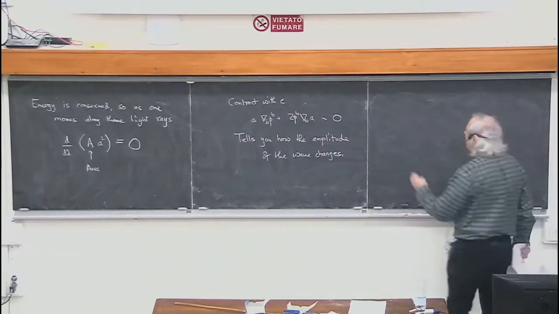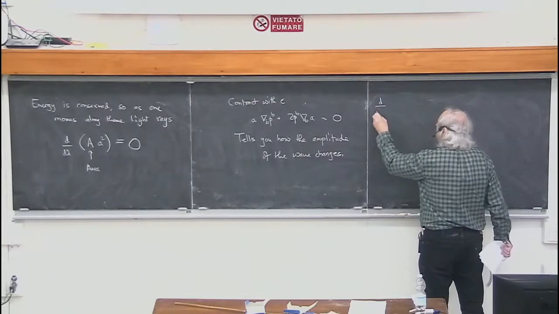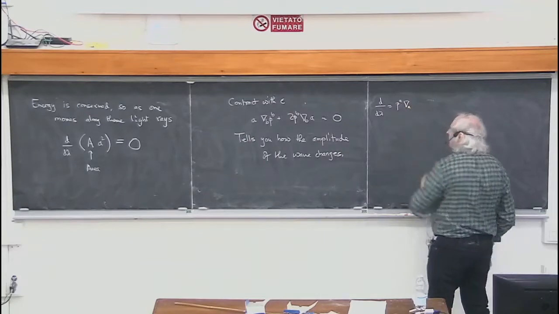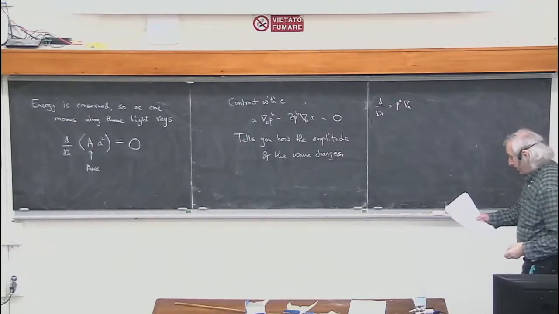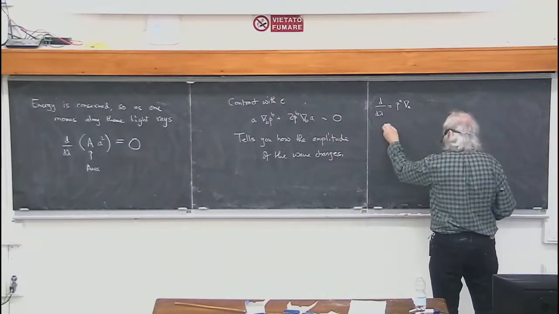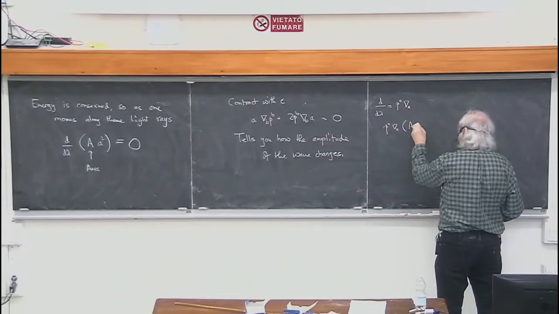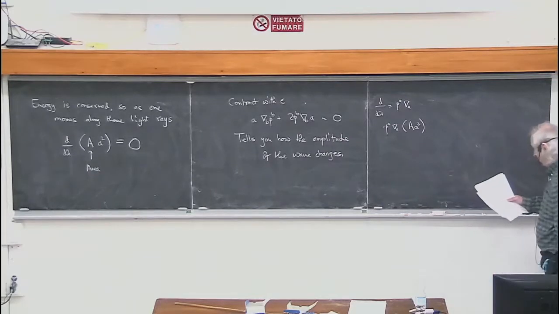Recall that d by d lambda is the same thing as P^A del_A. So this really reads P^A del_A of big A times a squared is equal to 0.